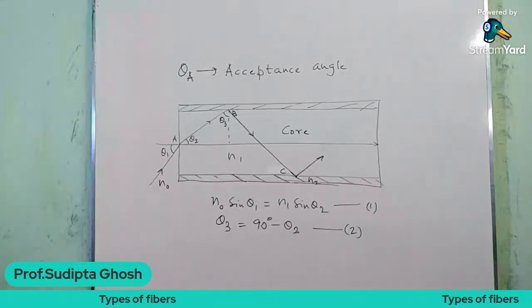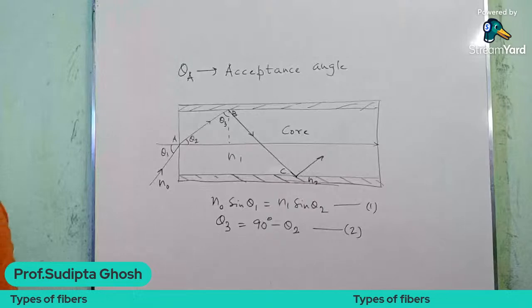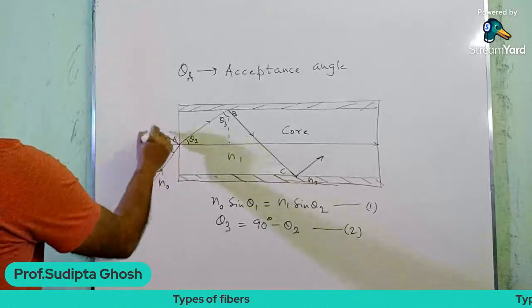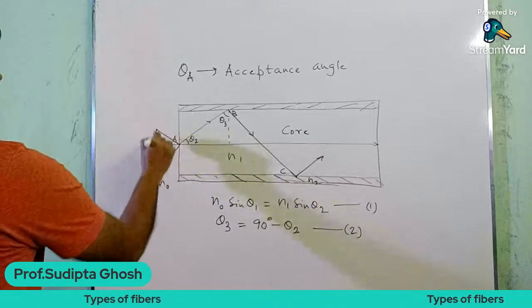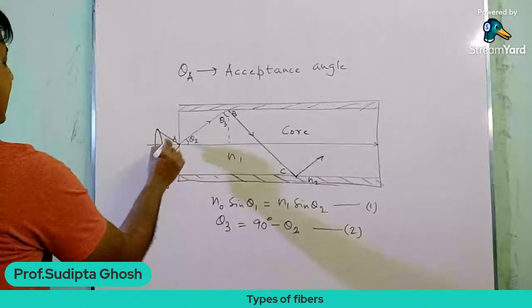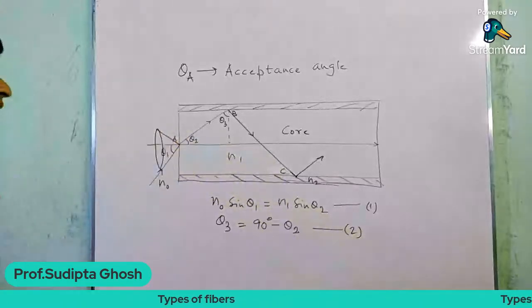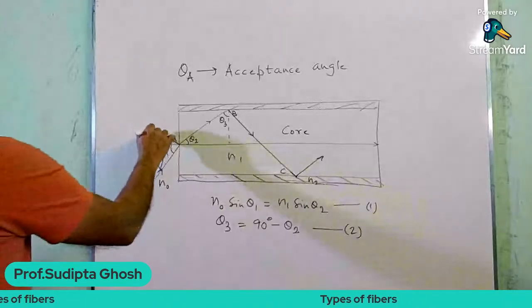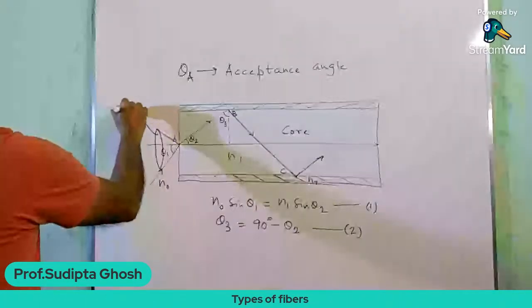Now, a cone of light of semi-angle theta A, if we draw a cone, by considering this value of theta A as the semi-vertical angle of the cone, then this particular cone is known as the acceptance cone.